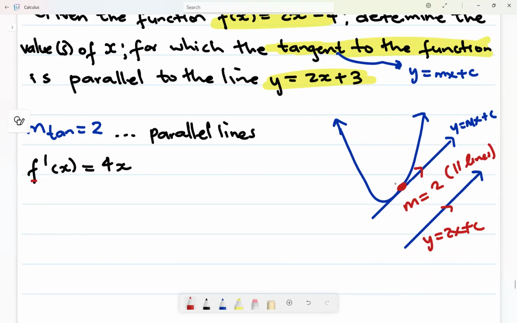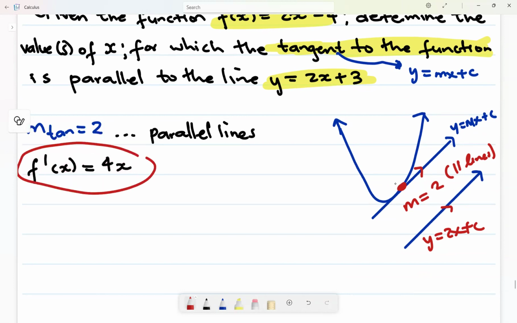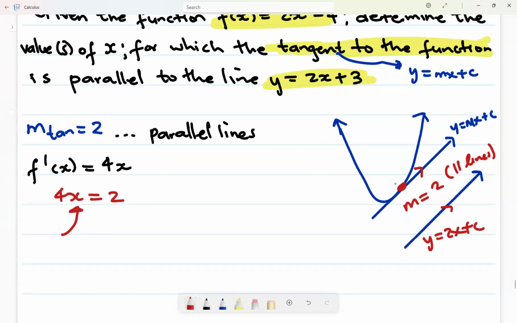How about I equate this f prime x to 2? Because at this specific point, the gradient is 2. So I want to know which value I should input to x such that it gives me the gradient of 2.